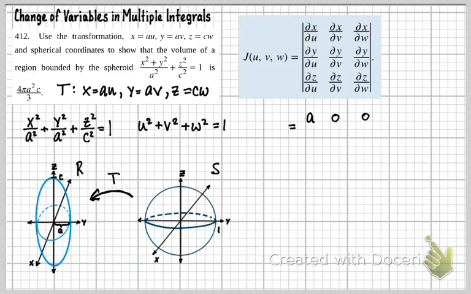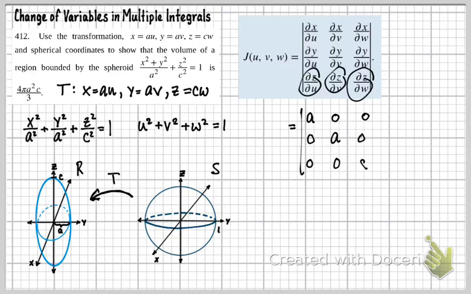Then moving on to the second row, dy du is 0, dy dv is a, and dy dw is 0. And for the last row, dz du, there are no u's there, so that's 0. dz dv is also 0. And then dz dw is going to be c.